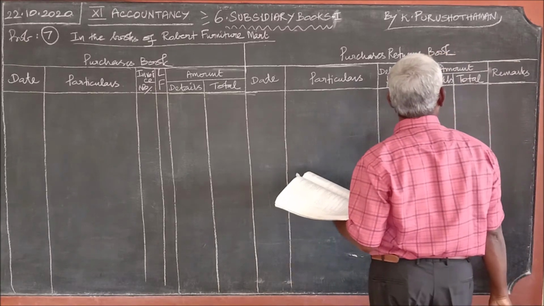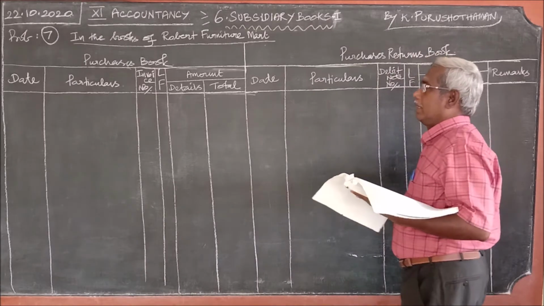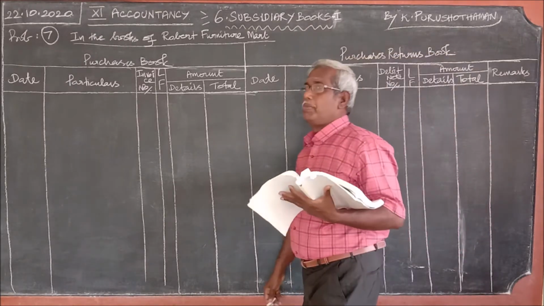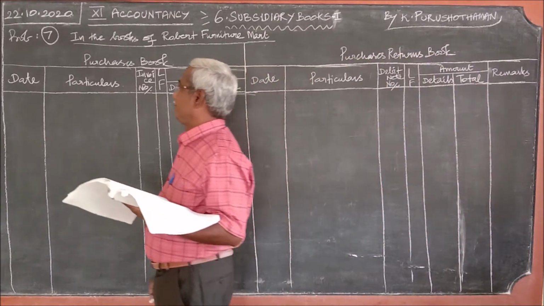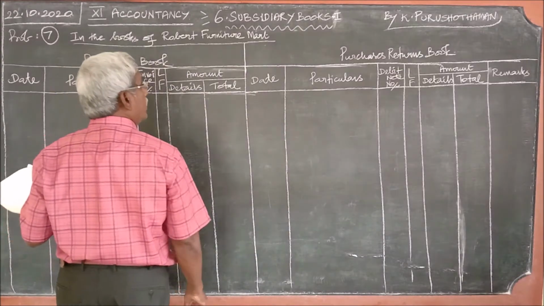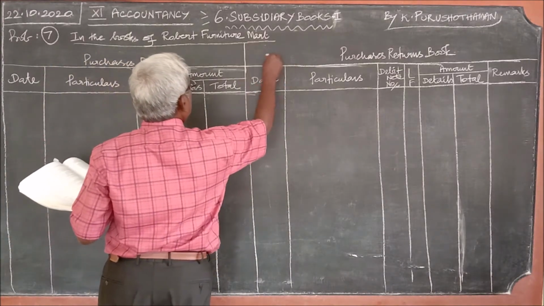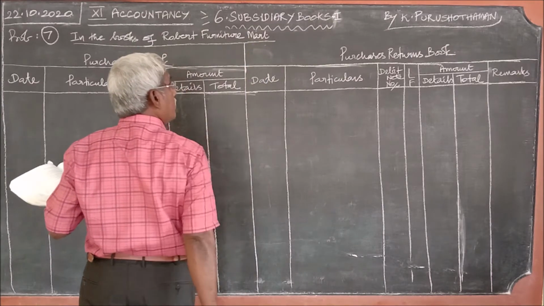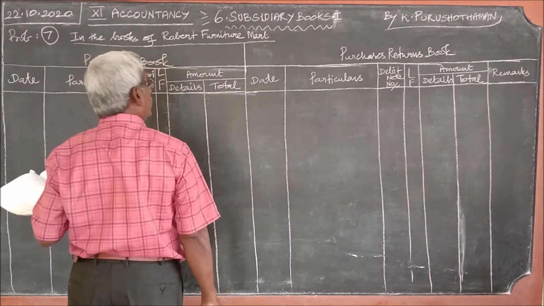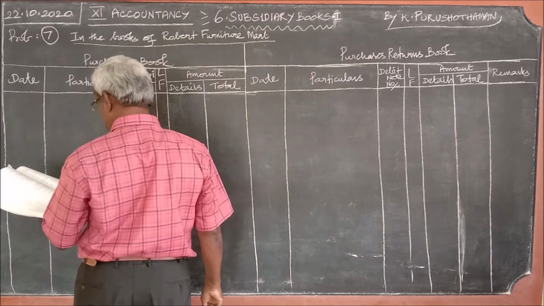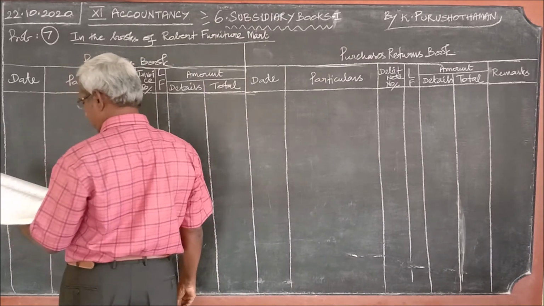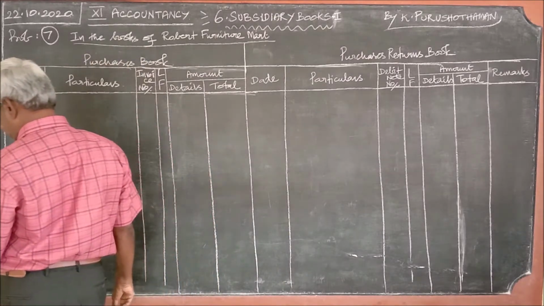Under this remarks column we should state the reason for which the goods were purchased or returned. So we shall prepare both the books now. We shall read one by one and prepare both the books.